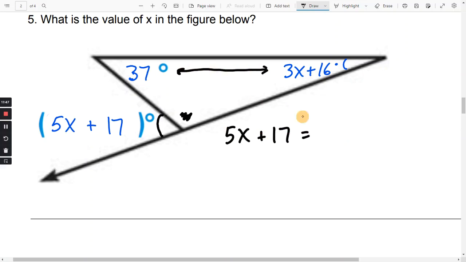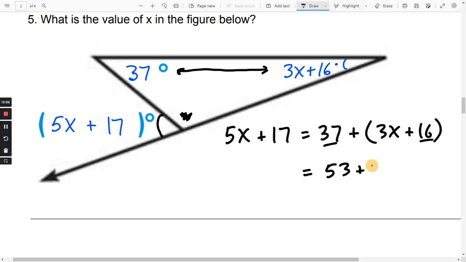So it's going to be 37 plus 3x plus 16. Okay, and combining likes, 37 plus 16, that's going to be 53. And we still have 3x. This is 5x plus 17.